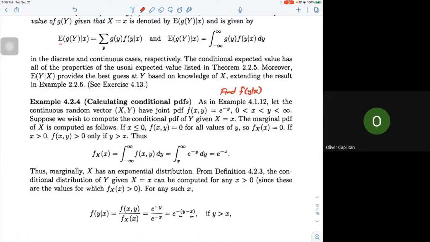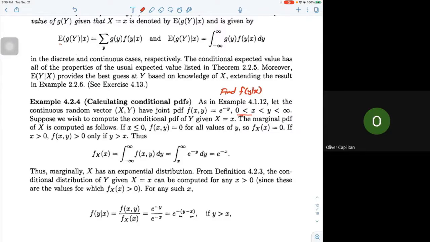If x is less than or equal to 0, in other words, x is non-positive, then the joint PDF will be equal to 0. Based on our condition, x here should be positive. So if it is non-positive, then the joint will be equal to 0 for all values of y, and so the marginal PDF of x will be equal to 0.